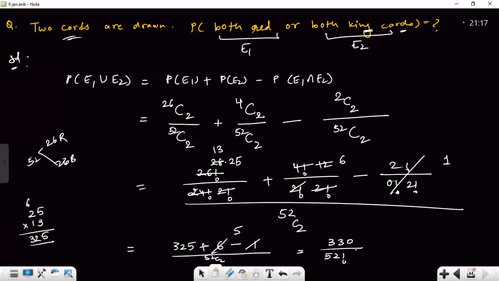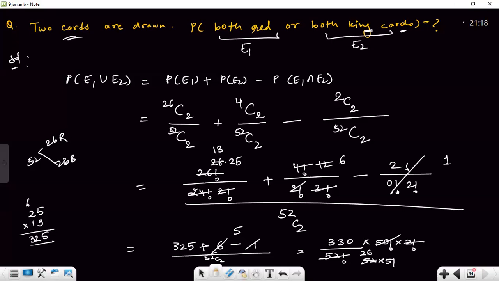52C2 is 52 factorial upon 52 minus 2, that is 50 factorial, into 2 factorial. 50 factorial cancels, 52 factorial by 50 factorial is 52 into 51. 2 cancels 52 by 26. Now 26 has factors 2 and 13, and 51 has factors 3 into 17.